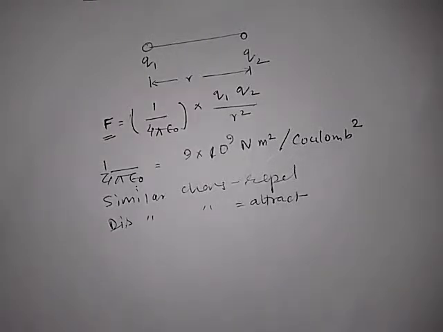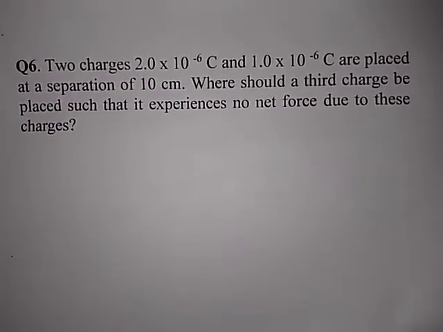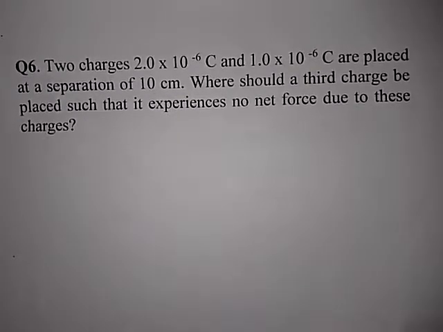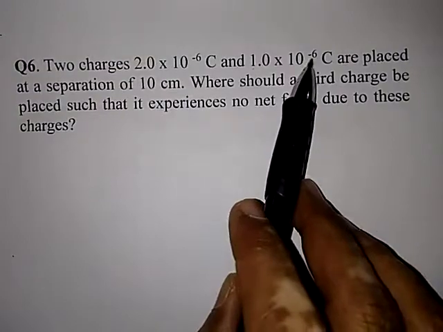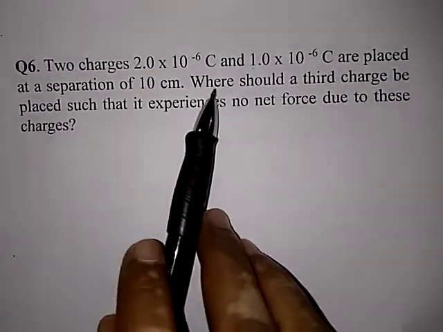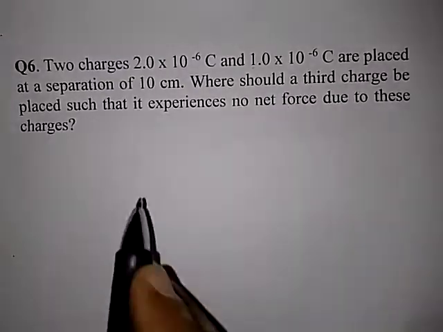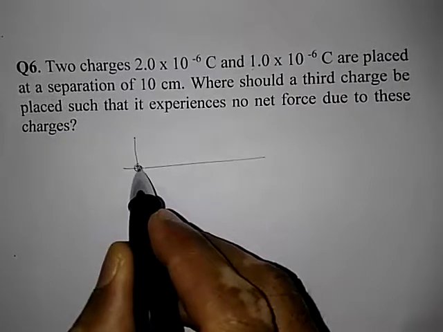This is question number 6 of this book, which says there are two charges, 2.0 into 10 to the power minus 6 Coulomb and 1.0 into 10 to the power minus 6 Coulomb, placed at a separation of 10 centimeter. Let's put everything on an axis, it's easy to visualize that way.